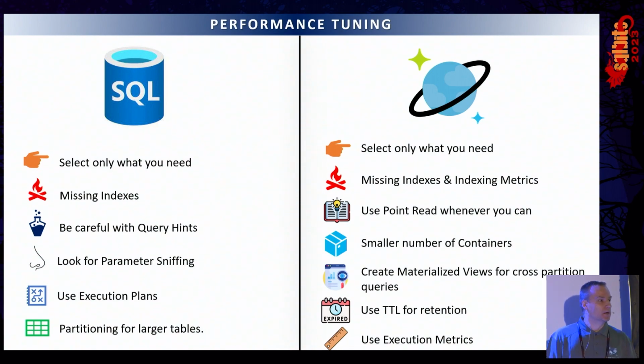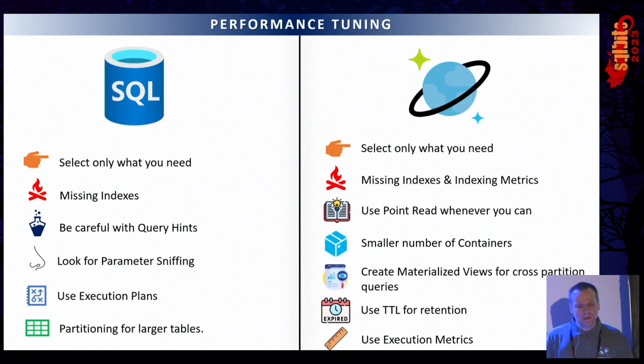You can use the indexing metrics, which will actually suggest if you are missing any indexes on your application. In SQL Server we have query hints, and you want to be careful with those. Usually SQL Server knows the best way to pull the data, so don't try to override that. In Cosmos DB, we don't have anything like that.